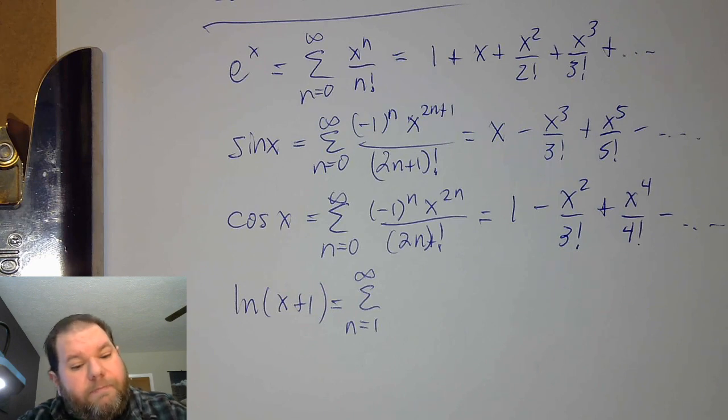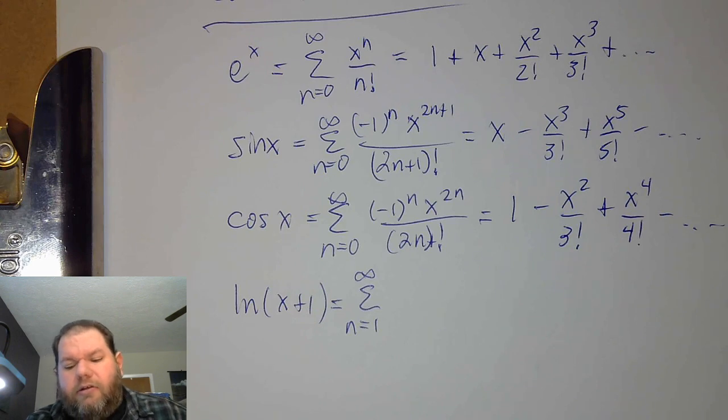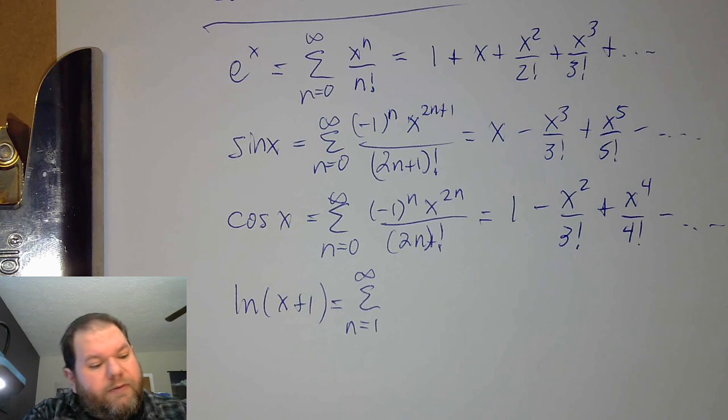I'm going to have to look it up. It doesn't have a factorial. I think it's just x to the n, or it might be x plus 1 to the n over just n. Let me look it up, though, before I go too much further.